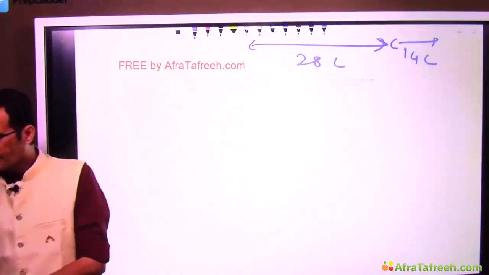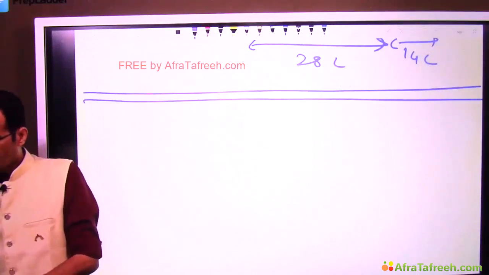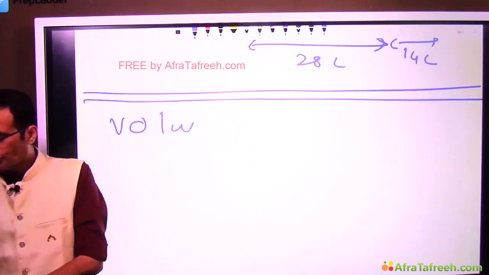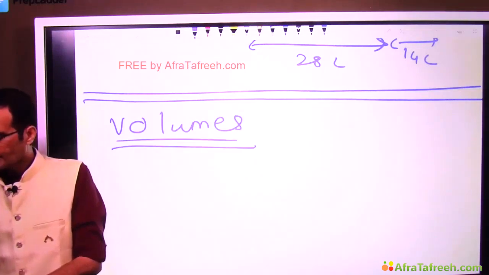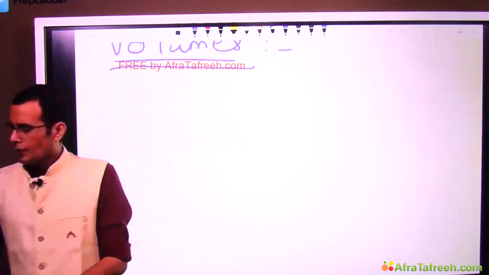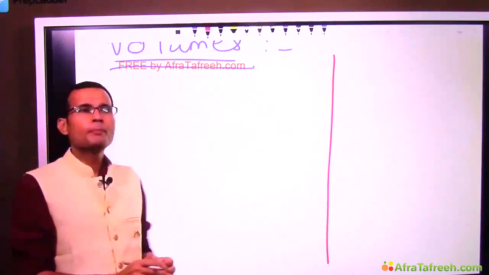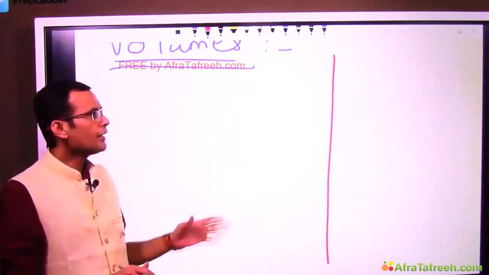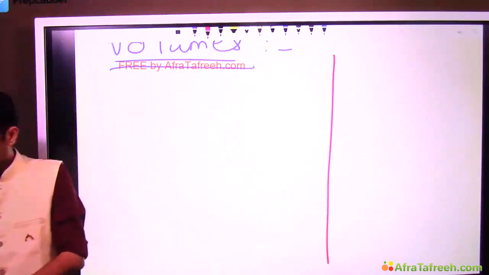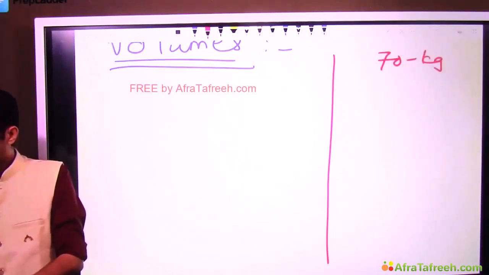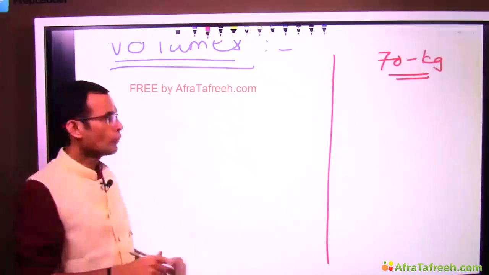Let's start with the first section, that is volumes of the various body fluid compartments. The prototype man will be a 70 kg healthy adult. So in a 70 kg healthy adult, what would be the volumes?